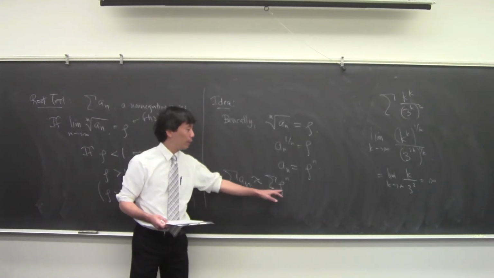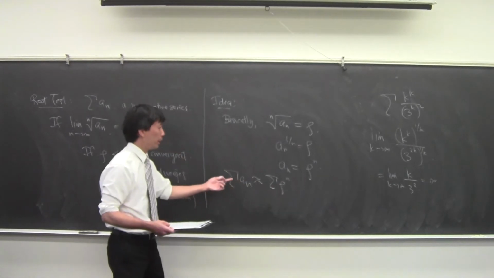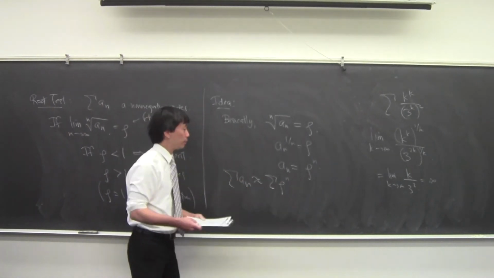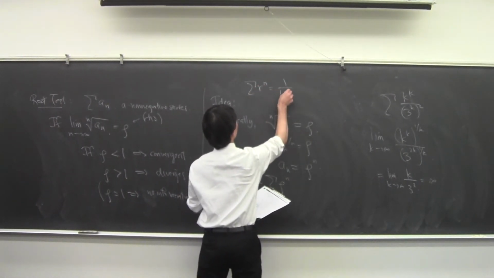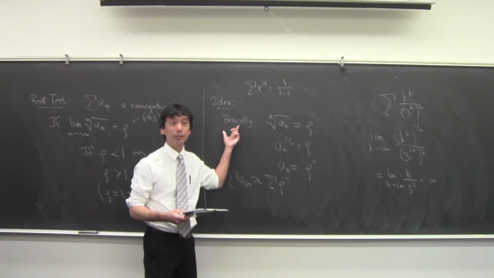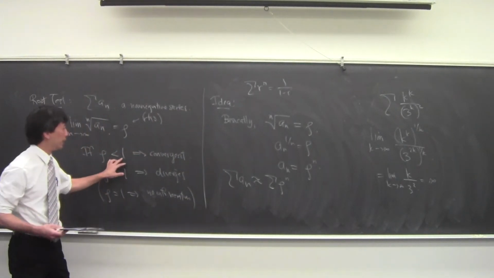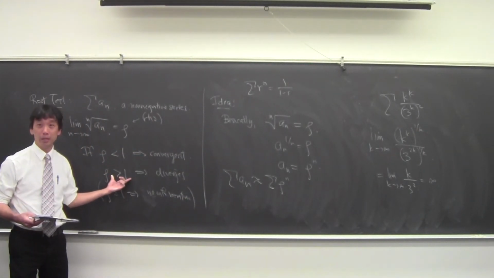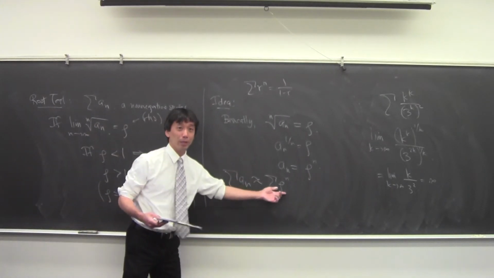Now remember what you knew about geometric series. Summation r to the n is going to be 1 over 1 minus r if r is less than 1 in magnitude. And if it's bigger than 1, it's definitely going to diverge, because you're summing powers of something that's bigger than 1.